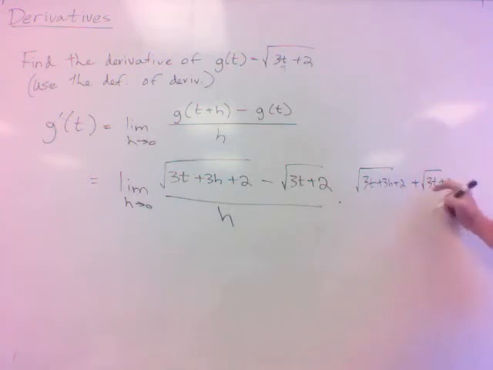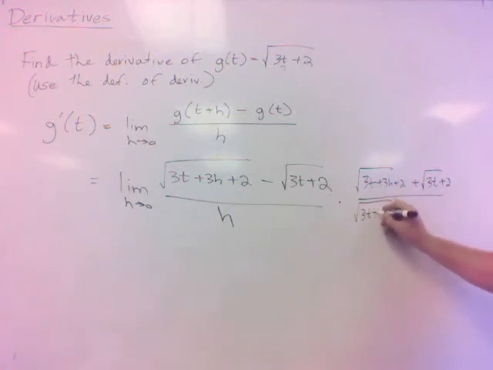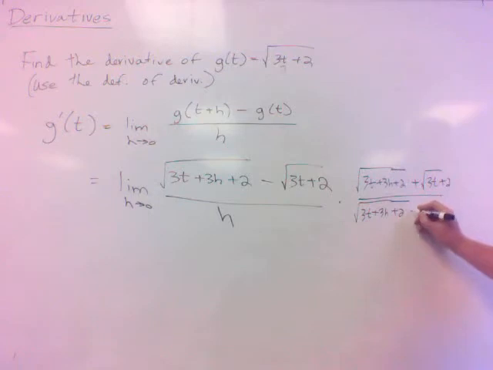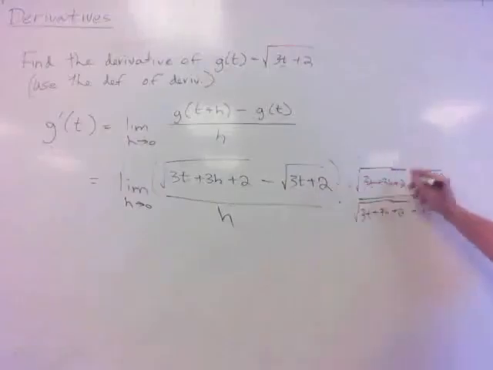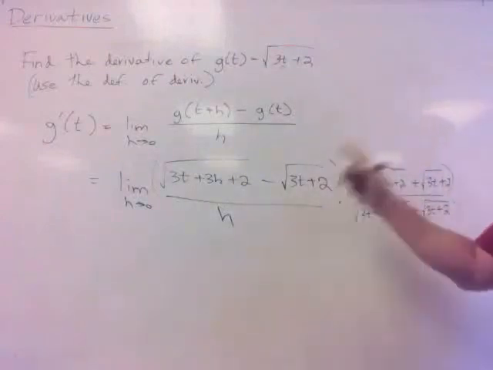Everything's the same except change it to a plus here, and then same thing on the bottom. Square root of 3t plus 3h plus 2 plus the square root of 3t plus 2. Multiply the top by that, and then multiply the bottom by that.